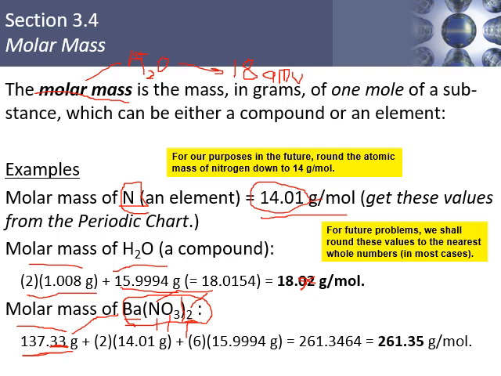Well, you'd have 3 times 2, which is 6. And we're going to call O 16, so you'd multiply 6 times 16, and that would be 96. So you'd add 96 plus the 28, for 2 times 14, plus the 137.33, and you'd get 261.35 grams per mole.